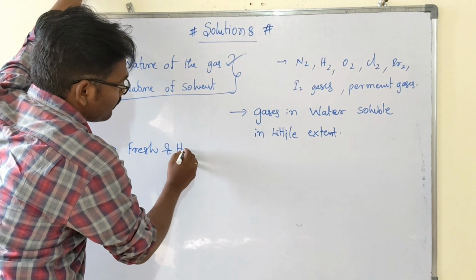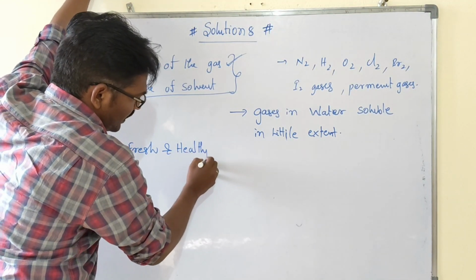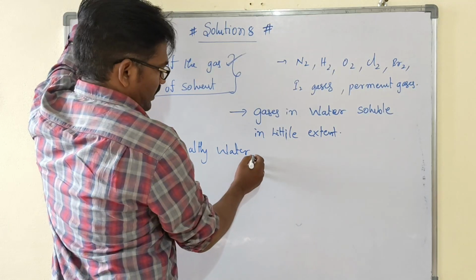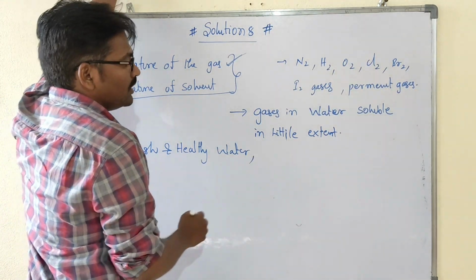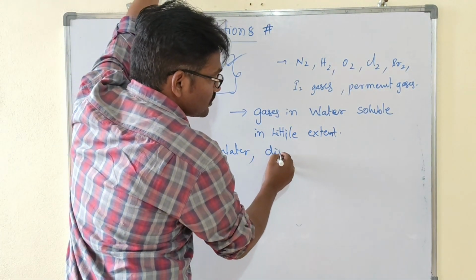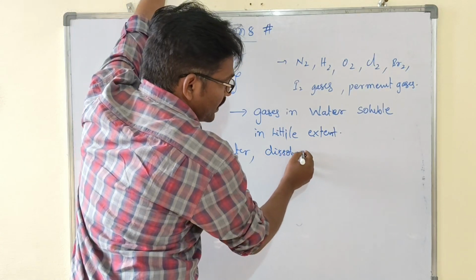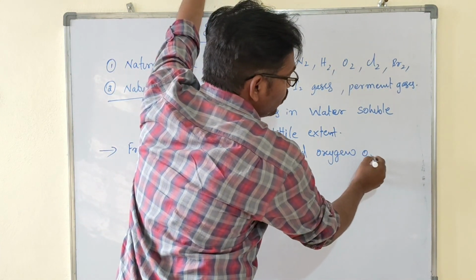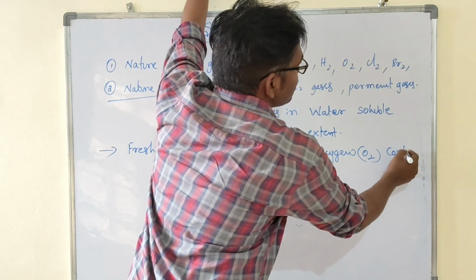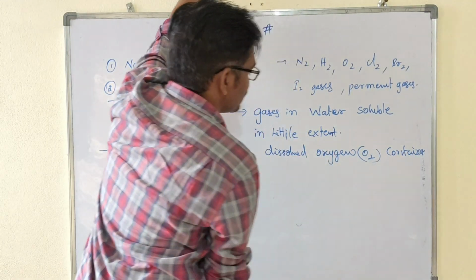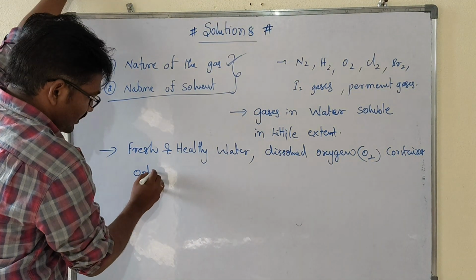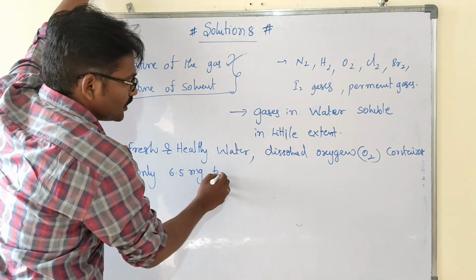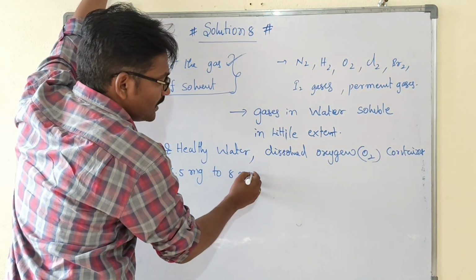In fresh and healthy water, dissolved oxygen, that is O2, contains only 6.5 milligrams to 8 milligrams.